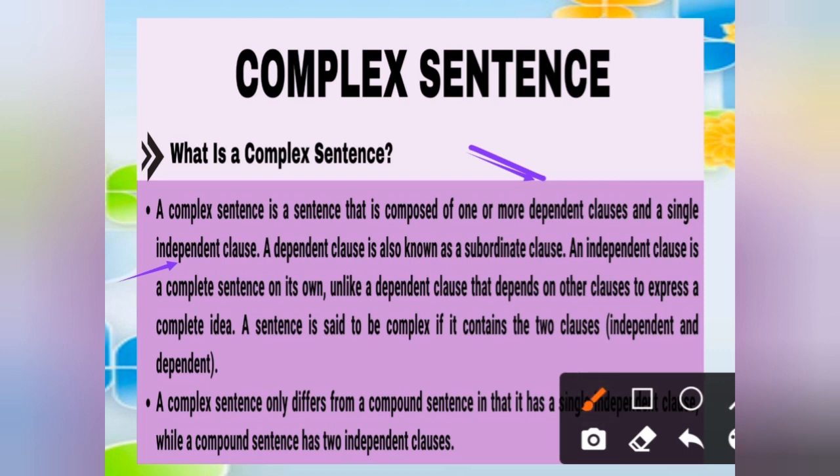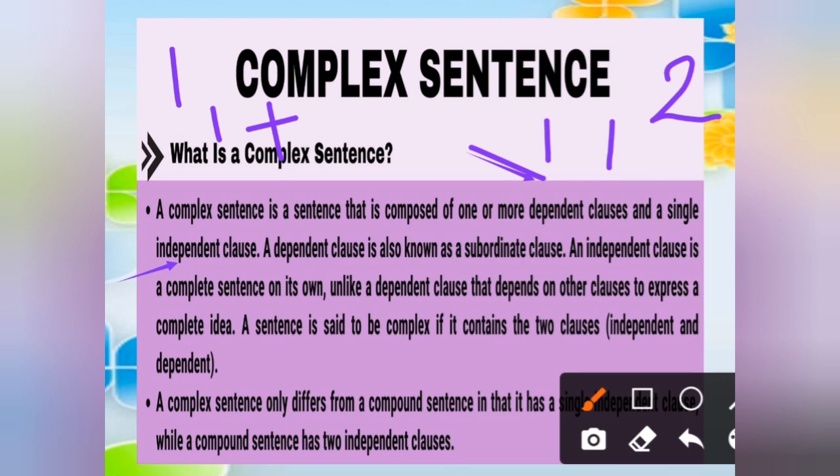If you remember, in a compound sentence only two sentences were there, one independent and the second also independent. But in complex sentences we have one independent clause and one or more dependent clauses, maximum 3, otherwise 1 or 2.